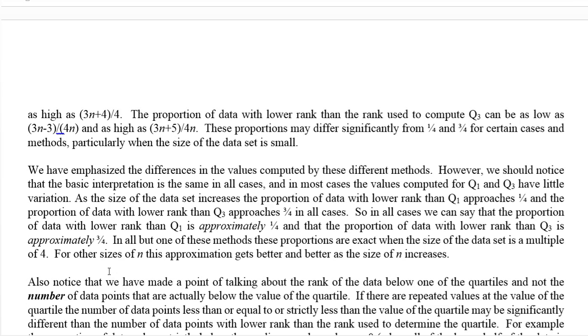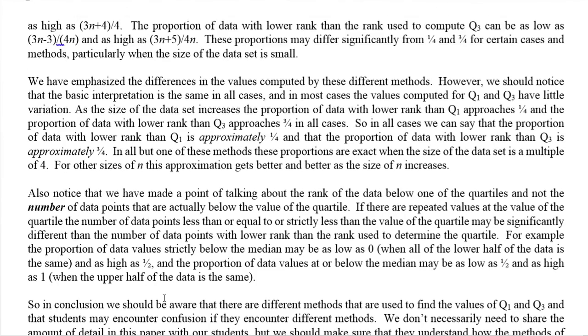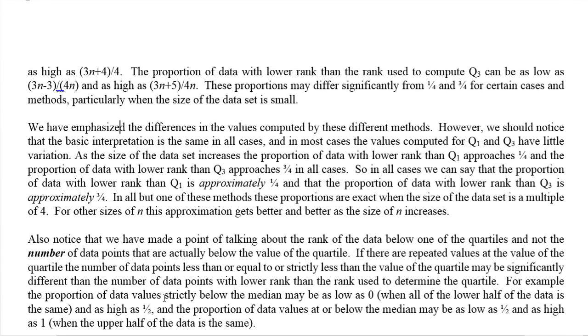Now, another thing: I've been talking about the number of data points and not the rank. Even if you talk about the median, I'll say the median is a place where so many have lower rank in that ranked list. If you have ties, particularly at the median, or at any of these places where we break the quartiles, then the actual number of data values at that point could include some in the upper half as well as some in the lower half for the median.